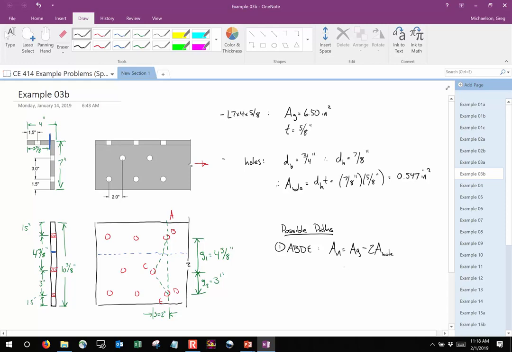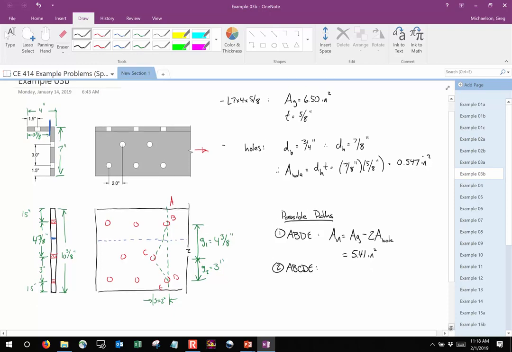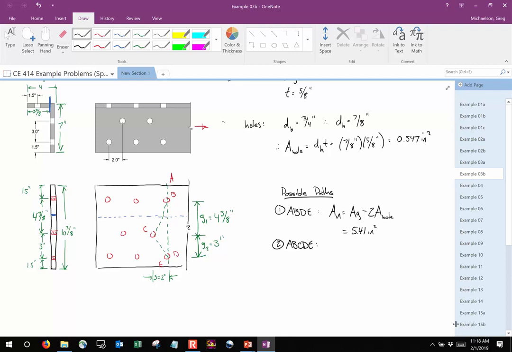And so what does that come out to be? I'm just curious. 5.406. So we'll say 5.41. And then what about the second one? The second path is going to be A, B, C, D, E. Okay? And so what's the formula for that path going to be?